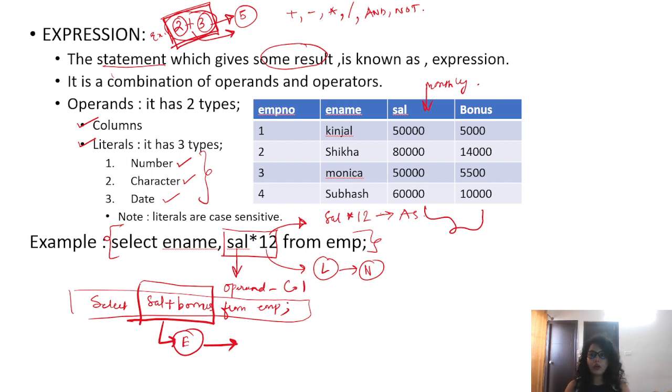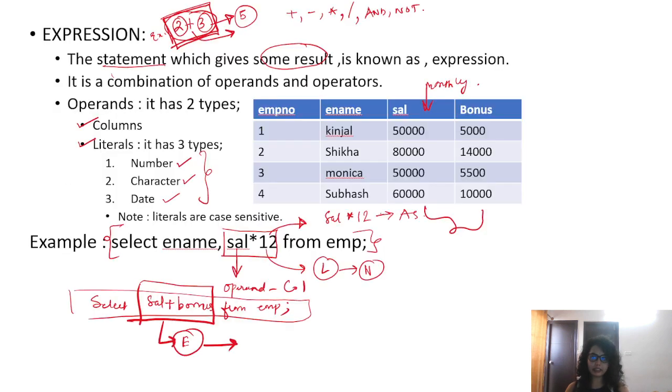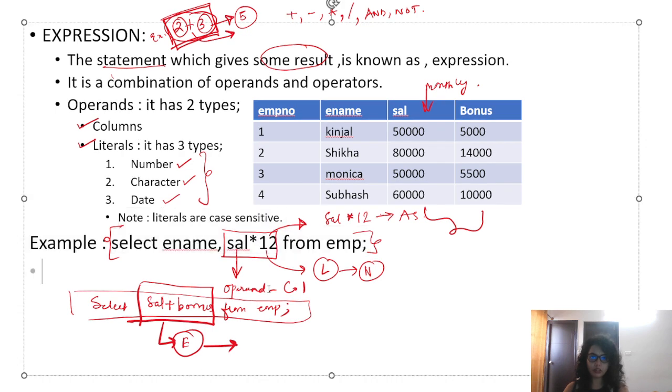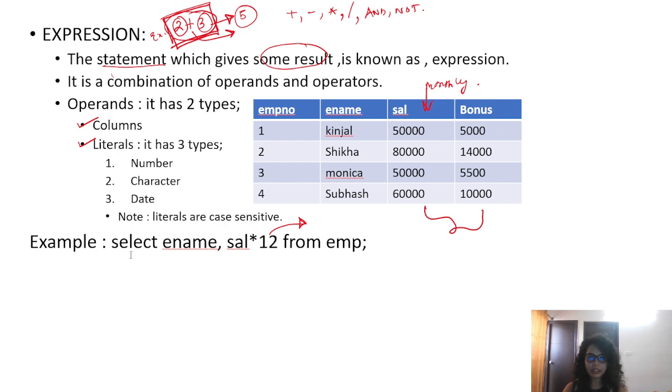Now, the third thing which we can use in our select statement is an alias. I'm taking this particular example only. When it executes, you'll get ename, and your salary column will be shown as sal into 12.